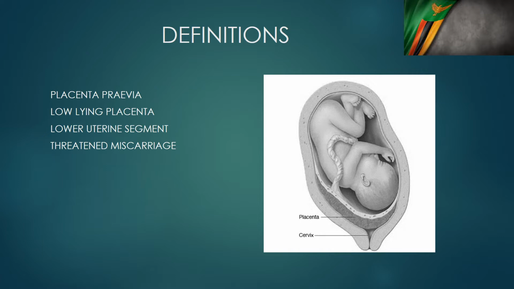In our setup, there's another situation where we say this is a low-lying placenta and not a placenta previa. This is a situation where we have a pregnancy that is below 28 weeks, which is the age of fetal viability in our setup.